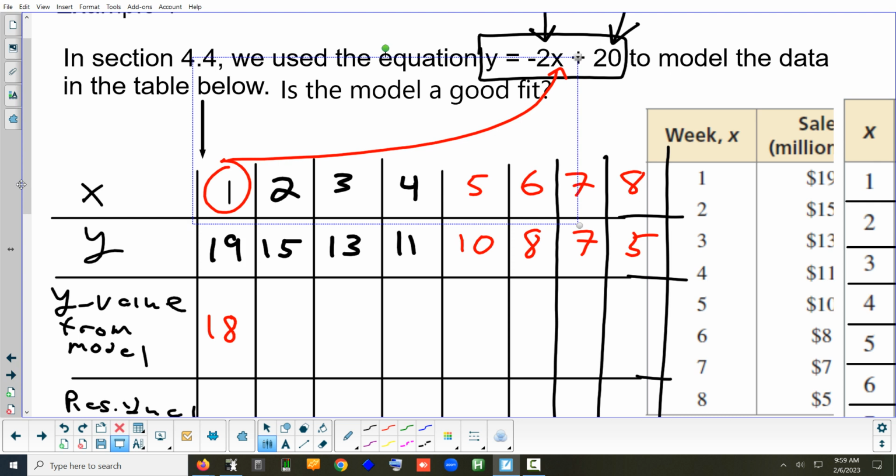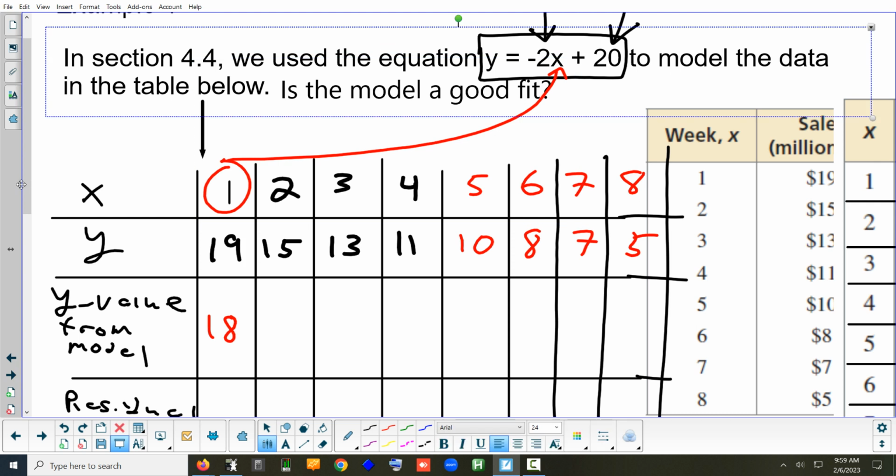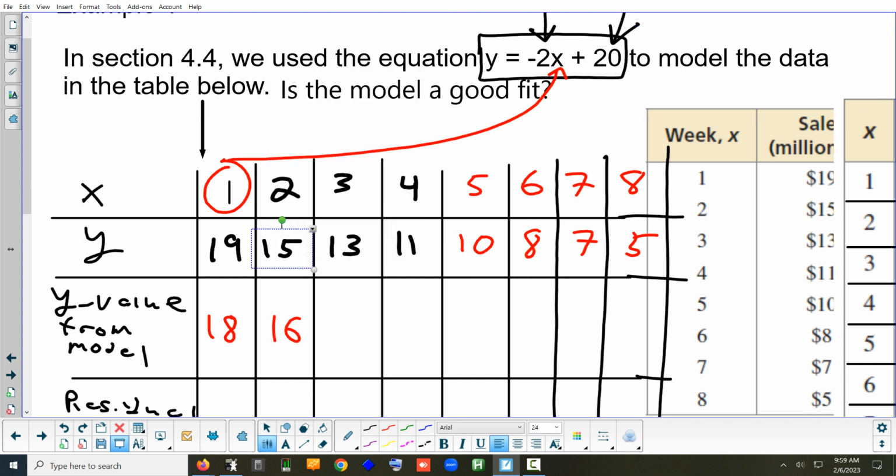And Emily, if you do -4 plus 20, what do you get? 16. Okay, let's look at that one. The movie actually made 15. The formula predicted we would make 16. Was that pretty close? You think it's pretty close? Yeah. So as Alyssa said, it looks pretty close. It's only 1 off. That's not bad. All right, let's check the next one.